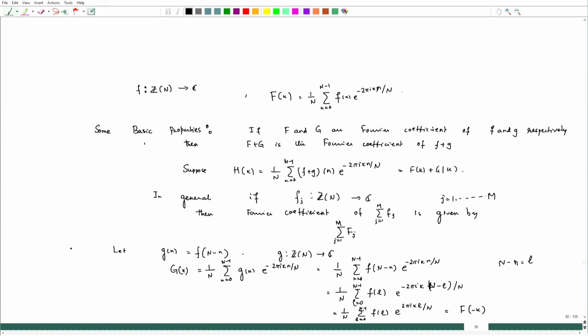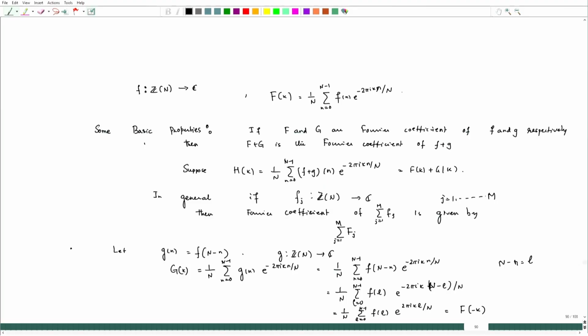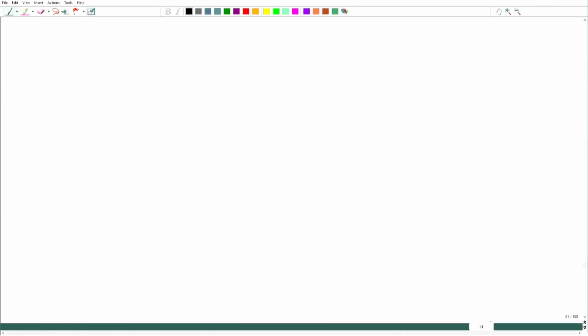So, remember that minus k in my notation is the inverse of k in Z n, that is n minus k. So, that is what one can see. And then the third: if we take g of n to be equal to f of n bar, then of course what you can get for g hat of k is, you can take the bar outside the sum.